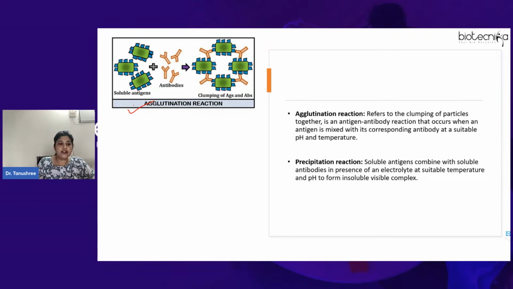So in agglutination reaction, basically it refers to the clumping of the particles together. So the keyword here is clumping. When antigen and antibody interactions happen, it results in the clumping of antigen and antibody, as you can see over here. So when you are mixing an antigen with the corresponding antibody at suitable pH and temperature, and if clumping happens, we call it an agglutination reaction.